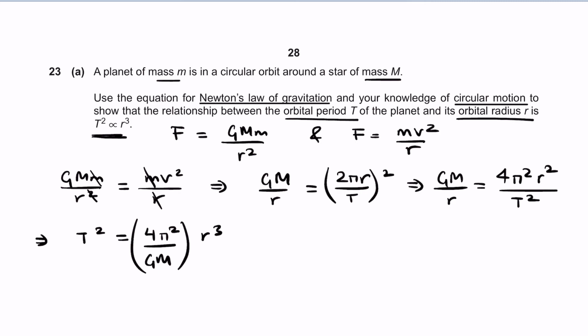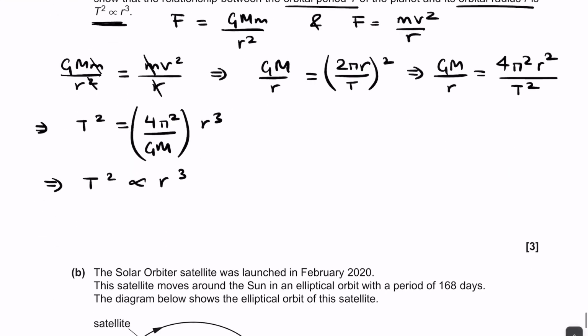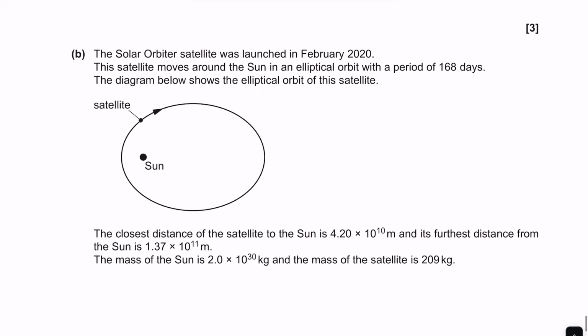So because for a given mass of a star, we know M is constant, G is constant, 4 pi squared is also constant, so we can safely say that T squared is directly proportional to r cubed. So problem solved. Okay. Now for part b, it says that the Solar Orbiter satellite was launched in February 2020.